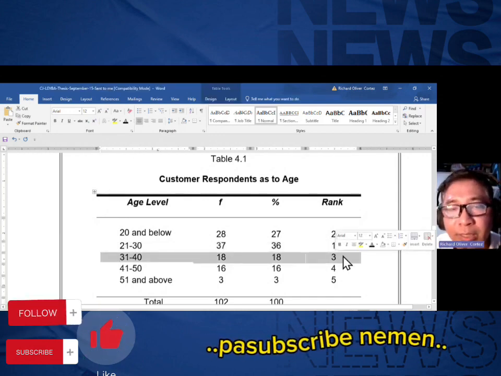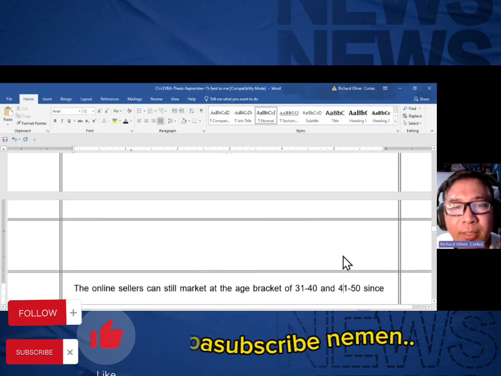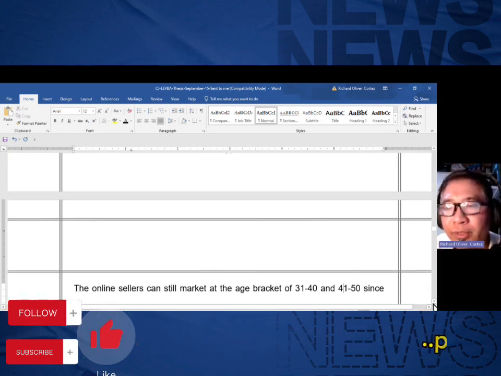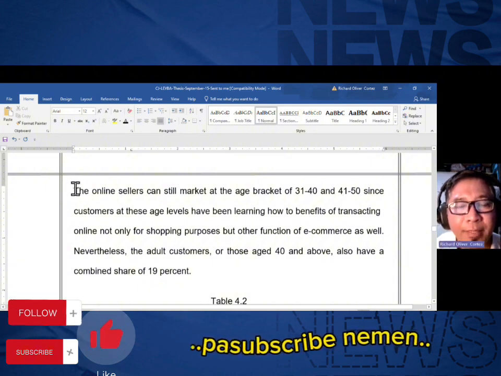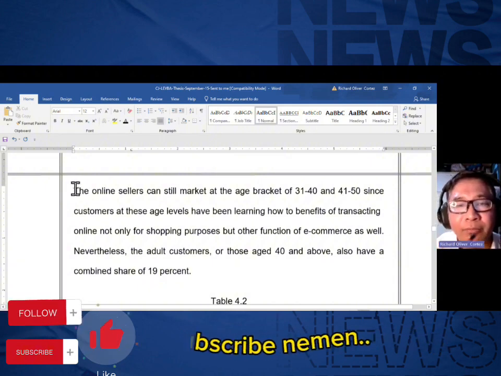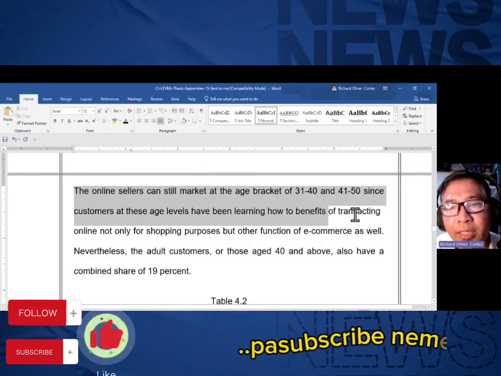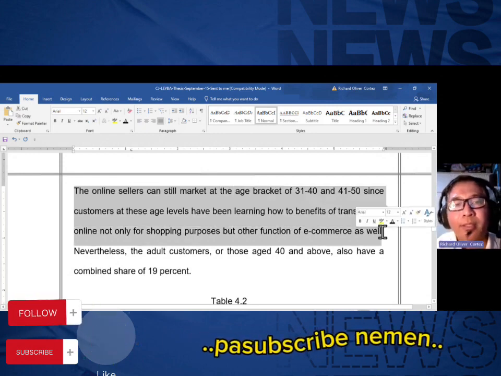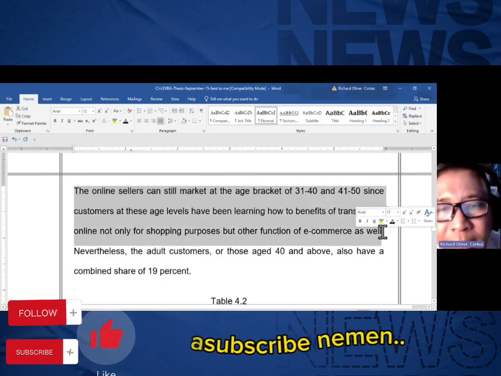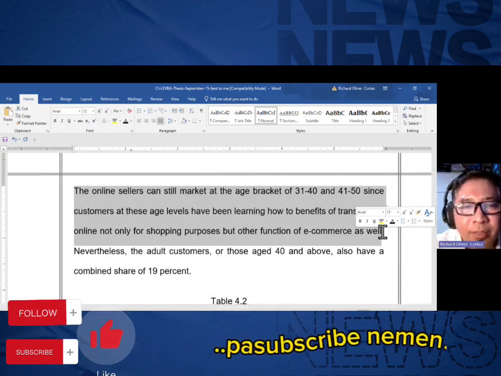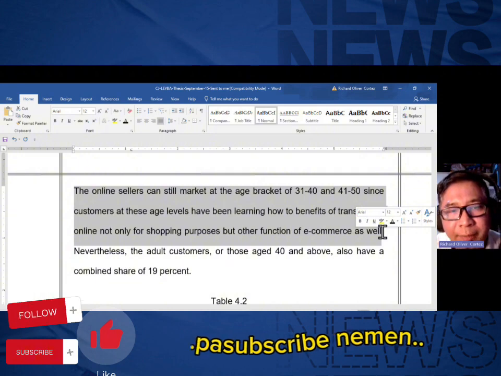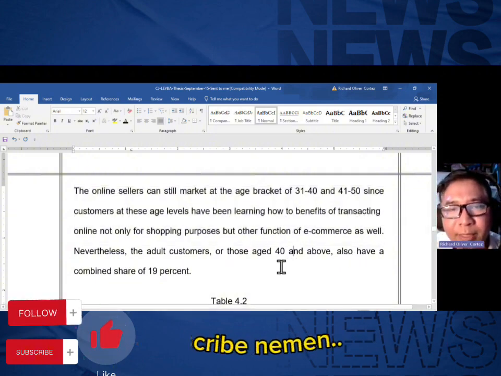So you should also discuss why the generation of 31 to 40 is included, or why many of them answered. Why 31 to 40? You should discuss here why. For example, online sellers can still market to the age bracket of 31 to 40 and 41 to 50. So you should justify why they are included in the ranking.